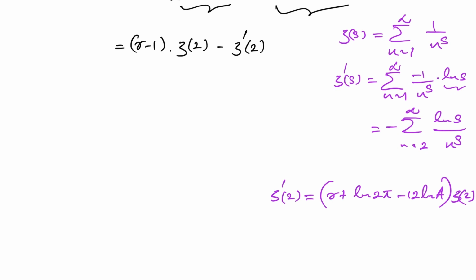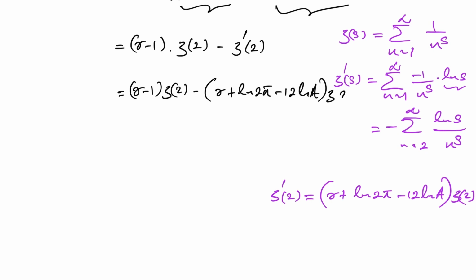So we can plug in. So we have here gamma minus 1 times zeta of 2 minus zeta dash of 2, which we know is equal to gamma plus natural log of 2 pi minus 12 times natural log of A, times zeta of 2.